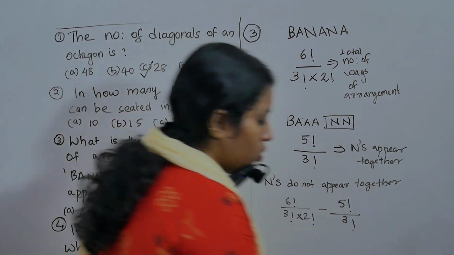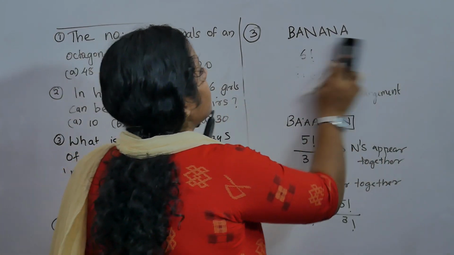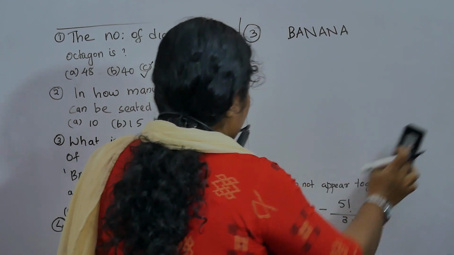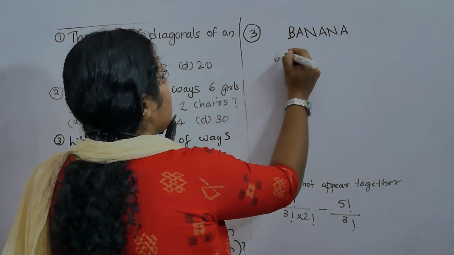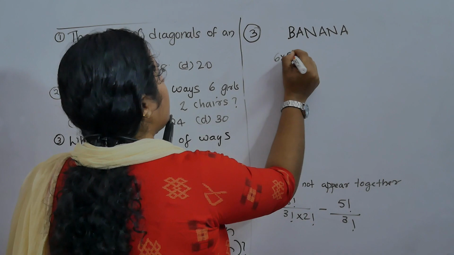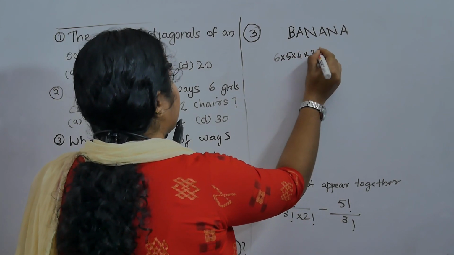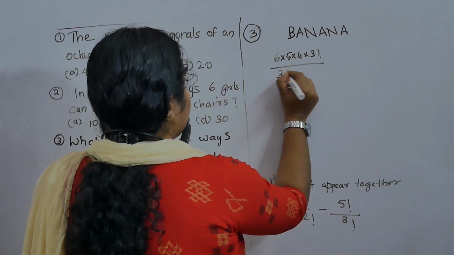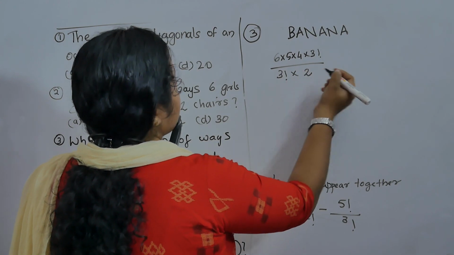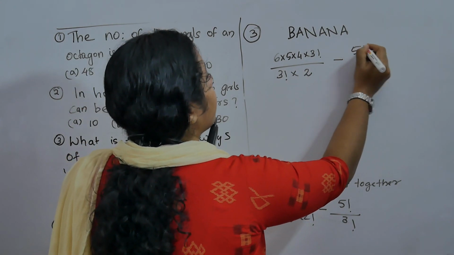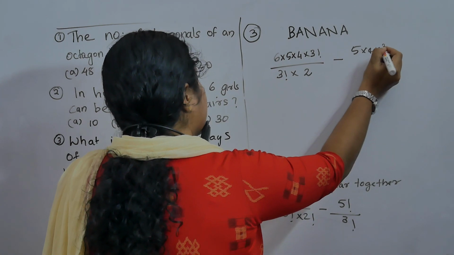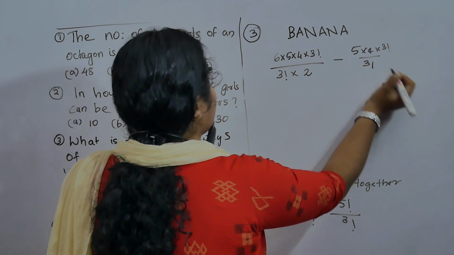So just do this. 6 factorial is 6 into 5 into 4 into 3 factorial divided by 3 factorial into 2 factorial, which is 2, minus 5 into 4 into 3 factorial by 3 factorial.